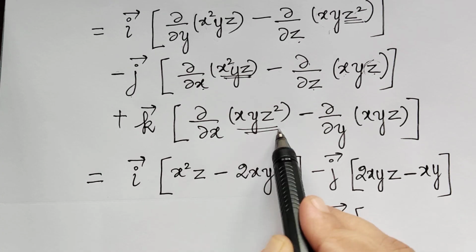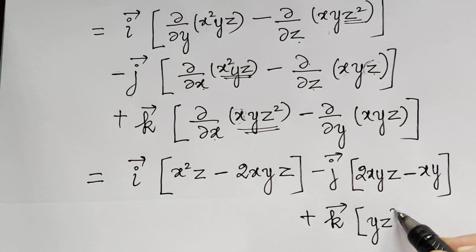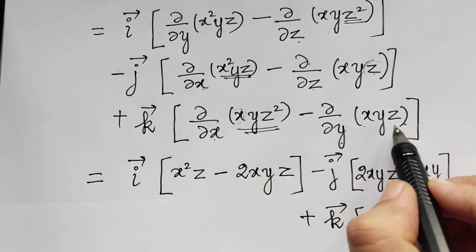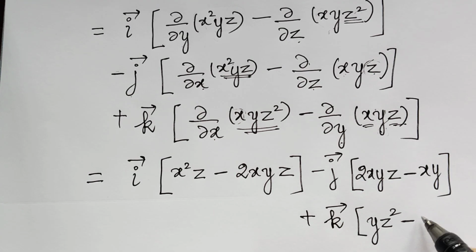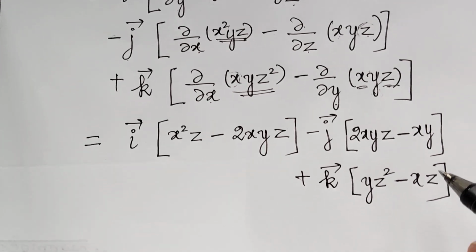And then plus k vector multiplied with partial differentiation of this with respect to x. Differentiation of x is 1, so you get yz² minus partial differentiation of this with respect to y. So the differentiation of y is 1, so the remaining will be x and z. So x and z will be treated as constants, so they come as it is.